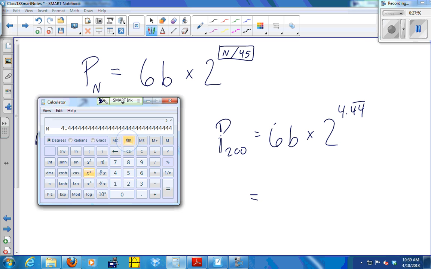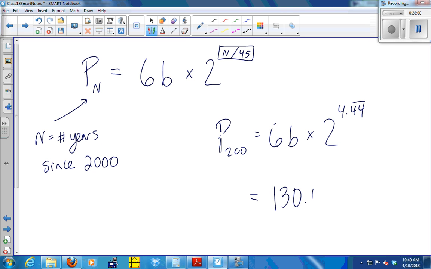I'm keeping all the decimals to be as accurate as I can. Then multiply that by 6, and I get 130.63 billion. So this is my explicit formula.